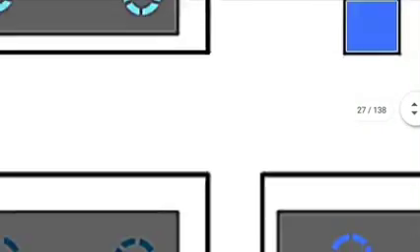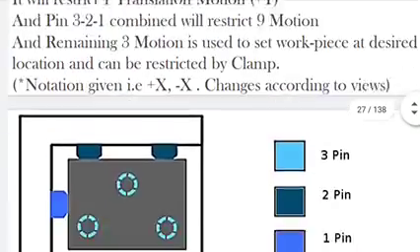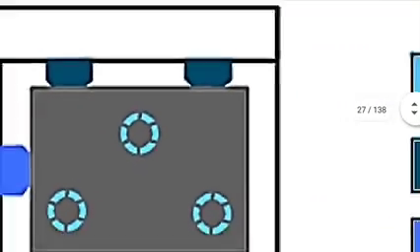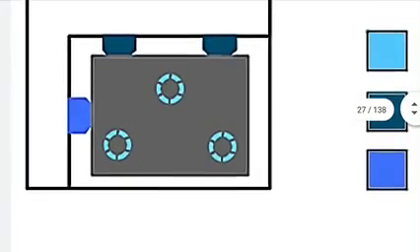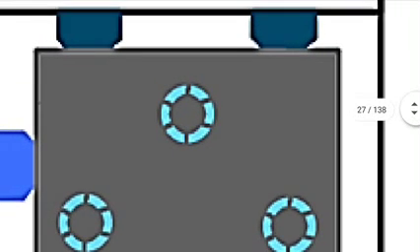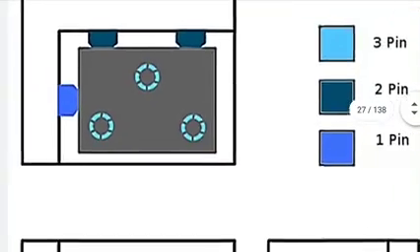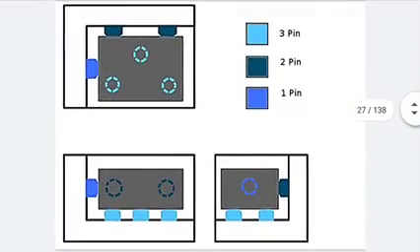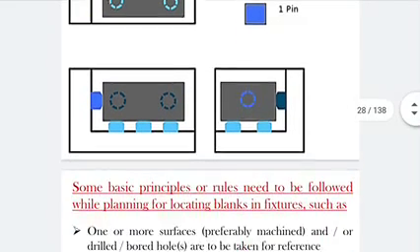Then 2 pins over here and 1 pin over here. Now these 3 pins are typically at the bottom, 2 pins are typically on the left side, and 1 pin typically on the right side. When you combine these 3 figures, you will understand the 3-2-1 principle.